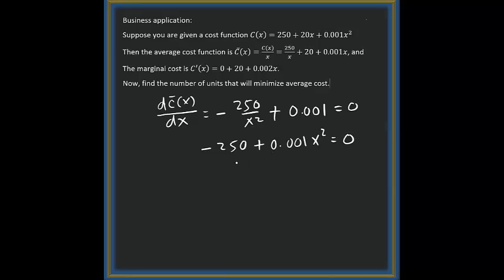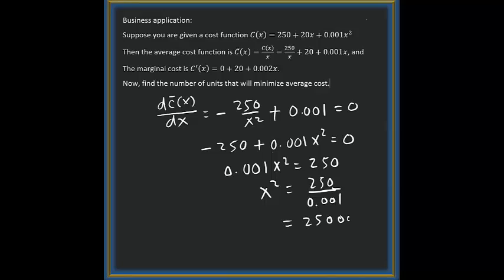So then finally 0.001 x squared equals 250, and then x squared will be, you divide 250 by 0.001, so that will make it 250000.